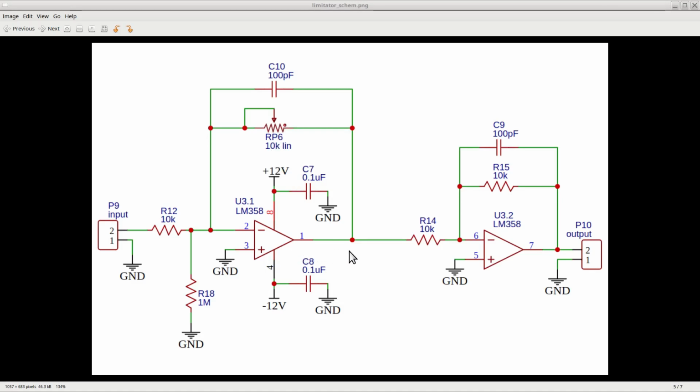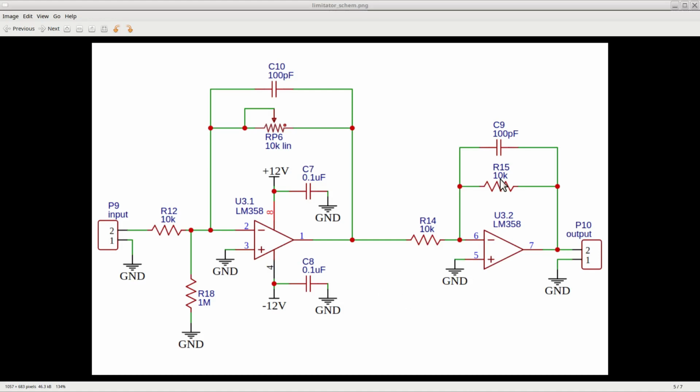The second half of the LM358 is used to make the second inverting amplifier with a gain of -1, which is achieved using two identical resistors for R14 and R15. The gain of the two stages will be the product of the two independent gains, and so it will go between 0 and +1.